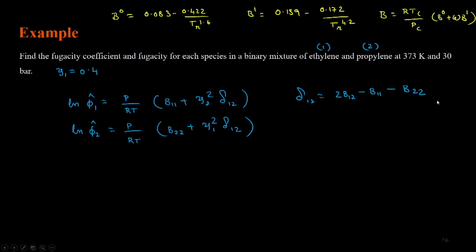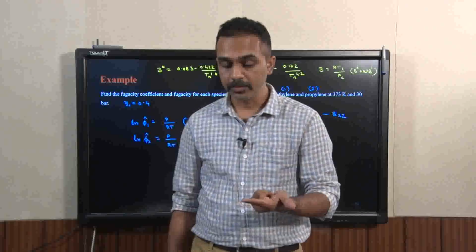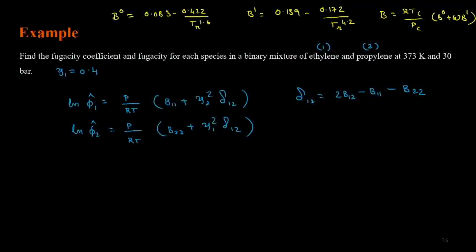So to obtain the fugacity coefficients phi1 hat and phi2 hat for ethylene and propylene, I need the temperature and pressure, which are given to me, and the composition y1 and y2, which is also known. So all I don't know to use those equations are the virial coefficients B11, B22 and delta12, which of course needs B12.